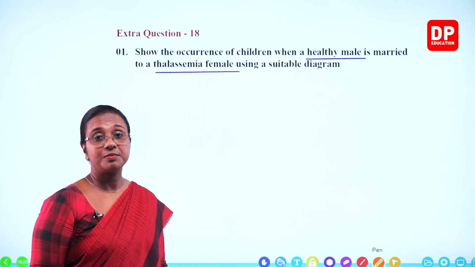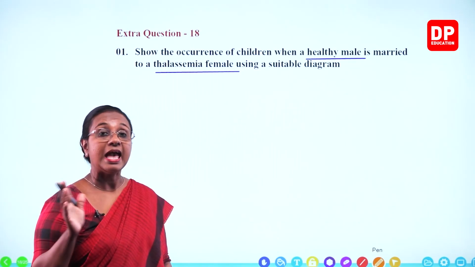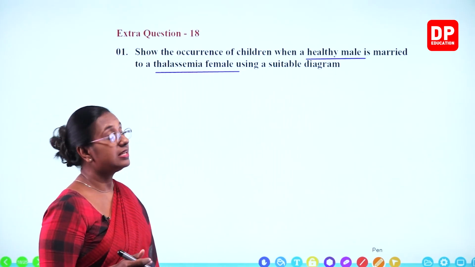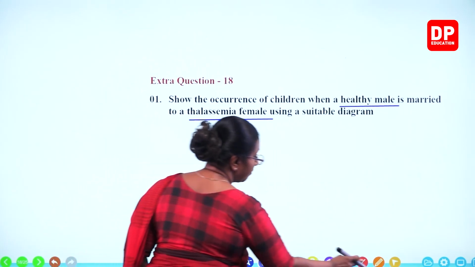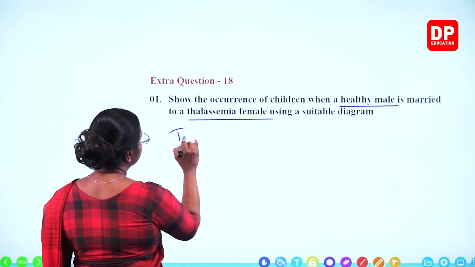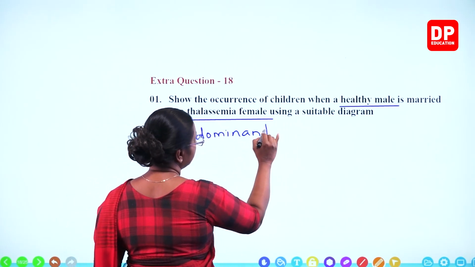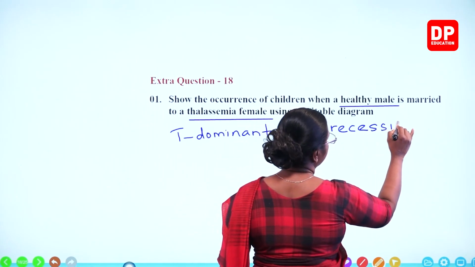Recessive autosomal chromosome, when it is in the homozygous state, causes the disease. And this is seen rarely among females. But if that is the condition, the female has thalassemia. So here of course, capital T dominant and simple T recessive.